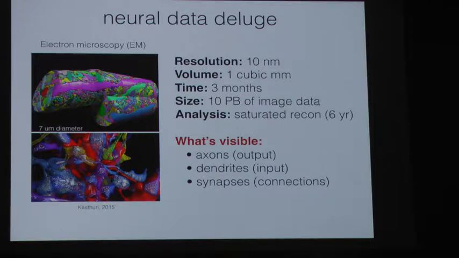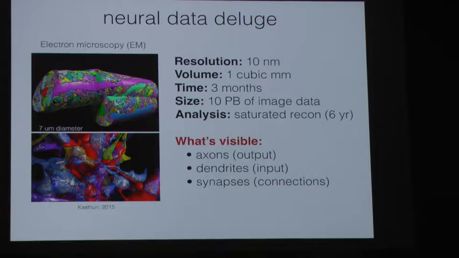But within that cubic millimeter of data, which takes approximately 3 months to image, you get about 10 petabytes of image data. So it's this very large-scale problem in terms of the amount of data that you can collect with electron microscopy.